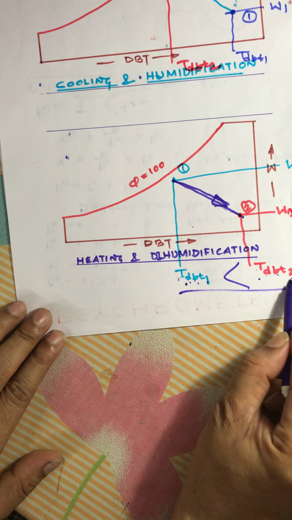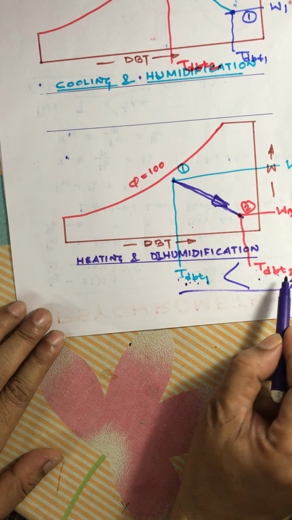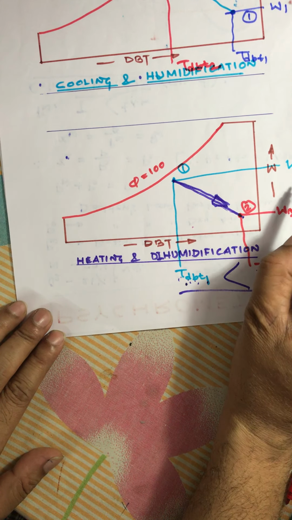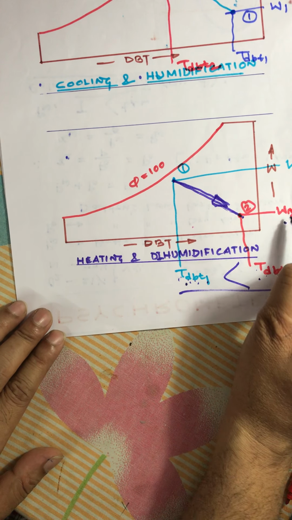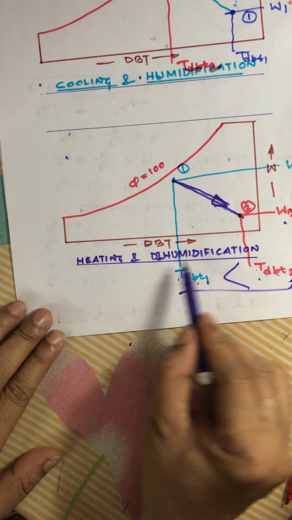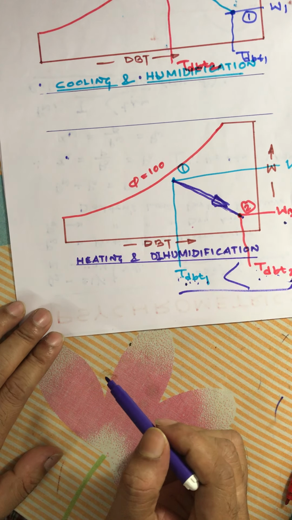So, this is a heating process, and W1 is greater than W2, so this is a dehumidification process. So, this is the heating and dehumidification process.